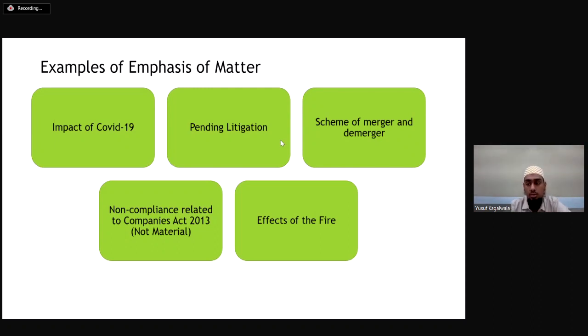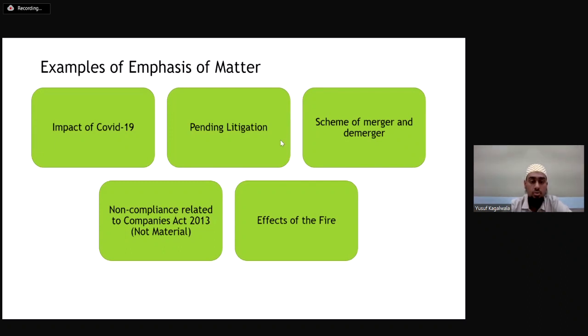So the detailed note is already there in the financial statements, but only to inform the users about what has happened, what is so material in the company, or such a big thing that has happened. So an EOM should be given.